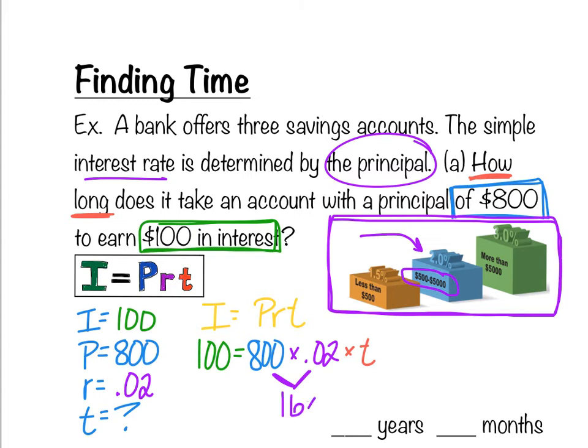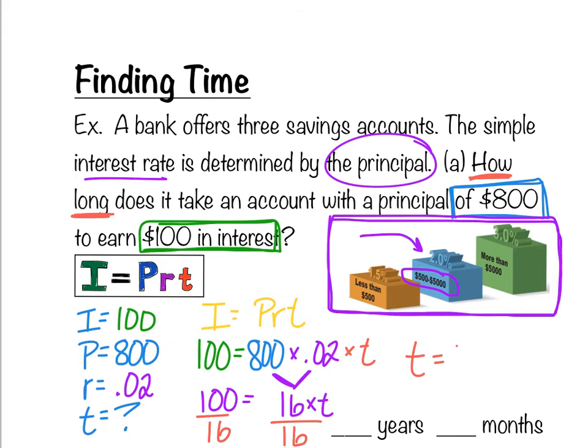So 16 times T equals 100. And then to get T by itself, just like we did last time, we're going to divide. Divide by 16, divide by 16, and 100 divided by 16 is 6.25.